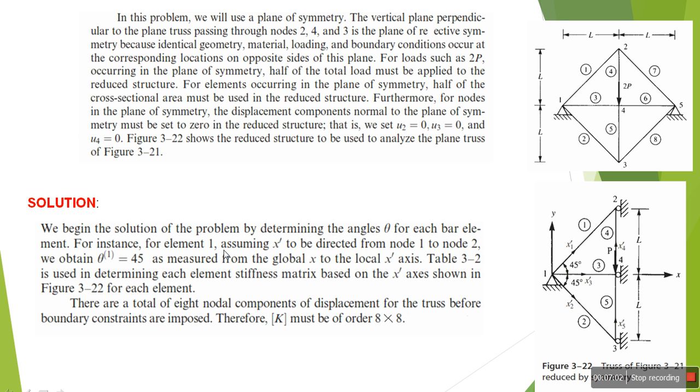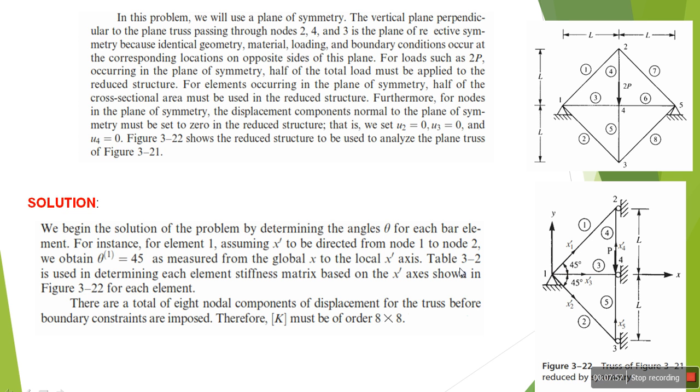For instance, element 1 here, assuming x dash is directed from node 1 to node 2, we obtain theta 1, measured from the global x-axis to the local x1 dash axis.